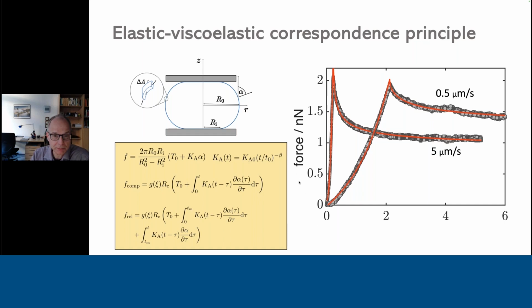It comprises three parameters. That is a pre-stress, which is a purely elastic entity, and we have the area compressibility modulus, the scaling factor, and the fluidity beta. Three parameters that fit this curve regardless of the velocity at which we indent.